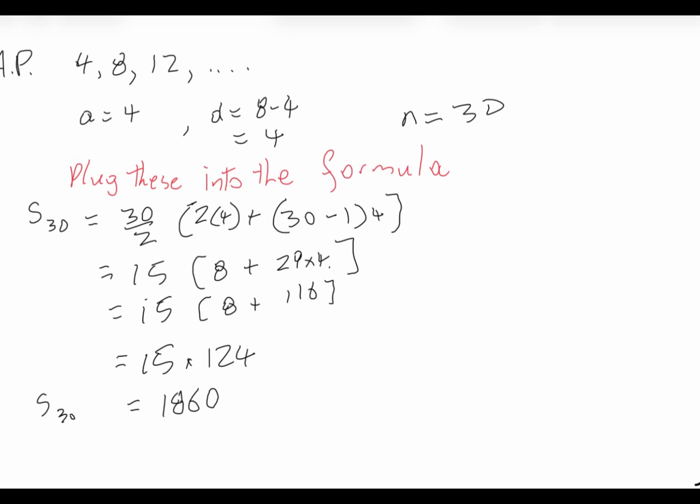That would be equal to 15 times (8 plus 29 times 4), be equal to 15 times (8 plus 116), be equal to 15 times 124, which is equal to 1,860. So S sub 30 is equal to 1,860.